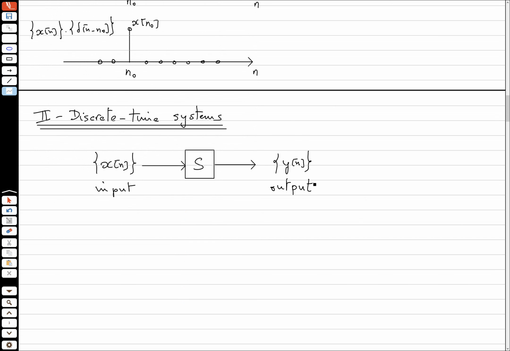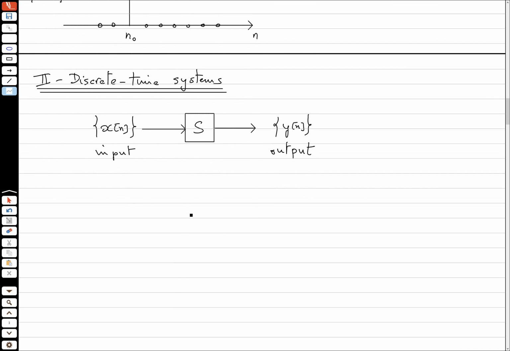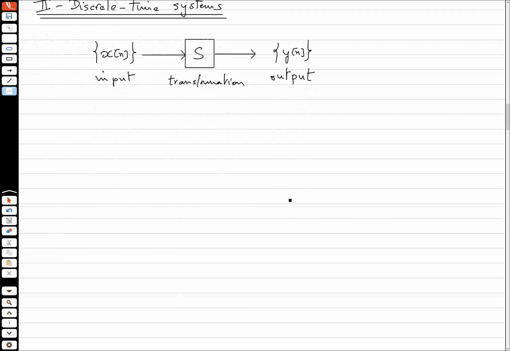It's a transformation, okay? A black box that transforms a sequence into another sequence. So it looks like a simple definition, but you're going to have a hard time on this.